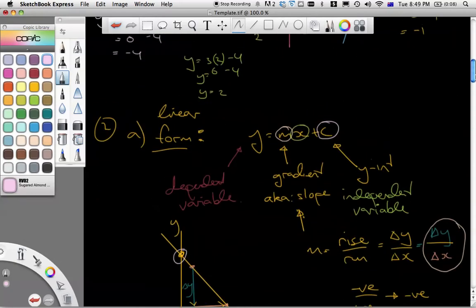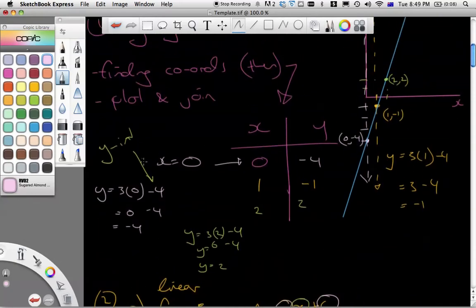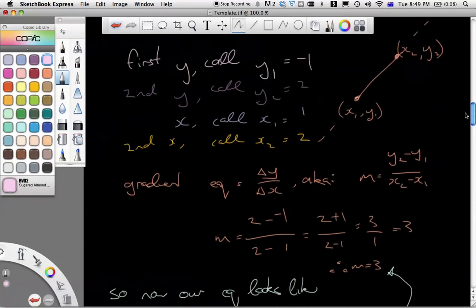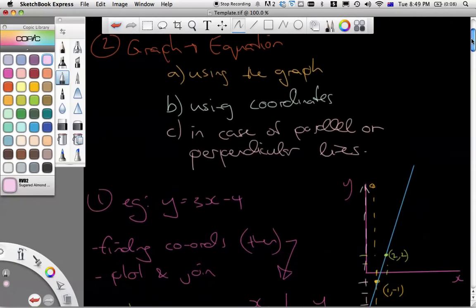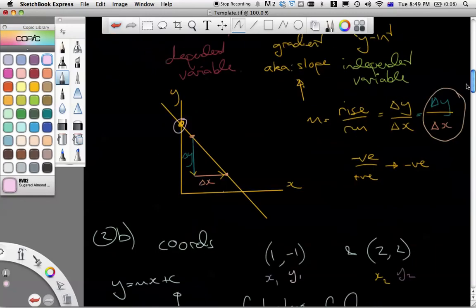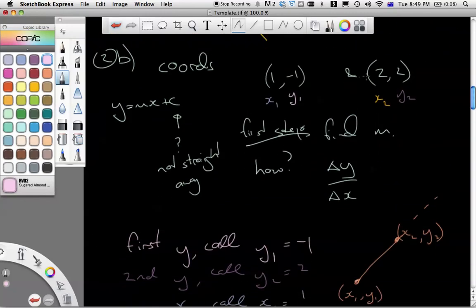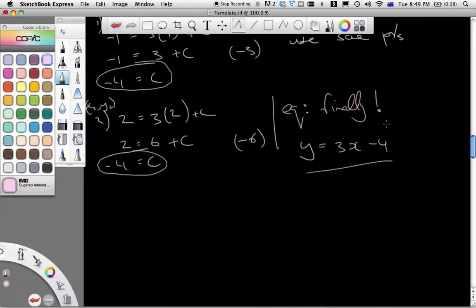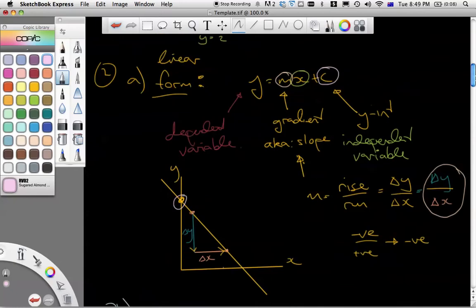Great. So that was our equation from before, y equals 3x minus 4. We just went from using 2 coordinates that we chose, which were 1, -1, and 2, 2, and we used those 2 coordinates to find our equation.